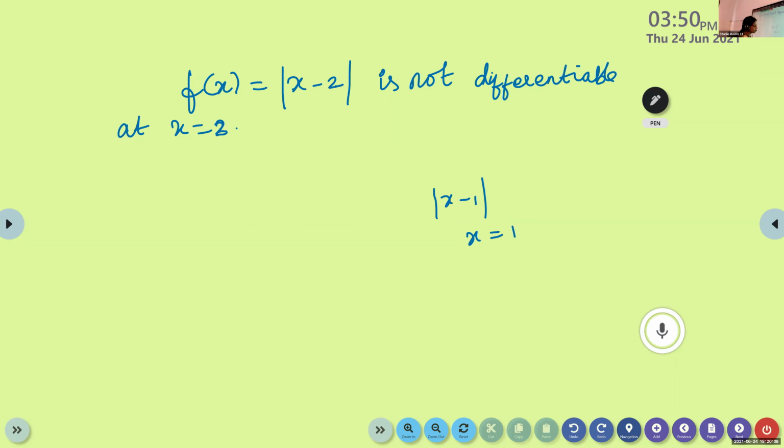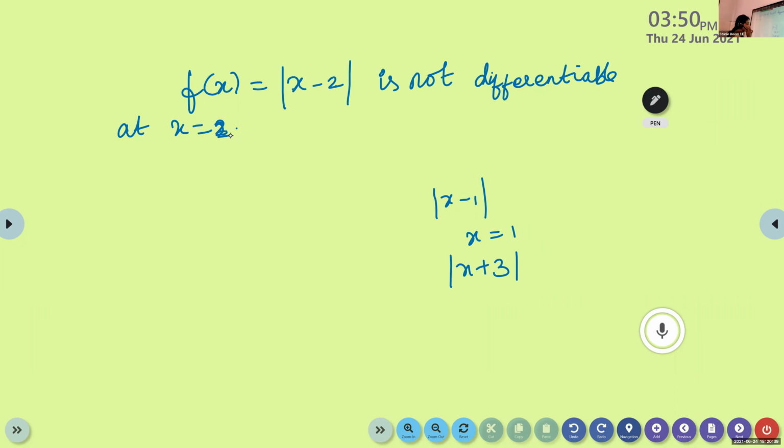If I take the function as mod x plus 3, it is not differentiable at Gayatri? It is not differentiable at dash. See, if it is mod x minus 2, it is not differentiable at 2; if it is minus 2, I am writing plus 2. This is a general truth.